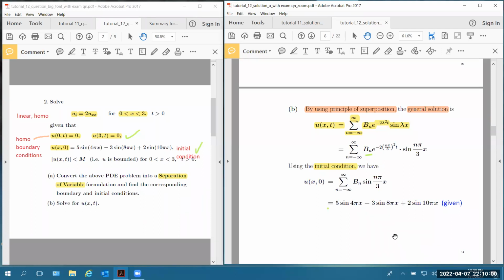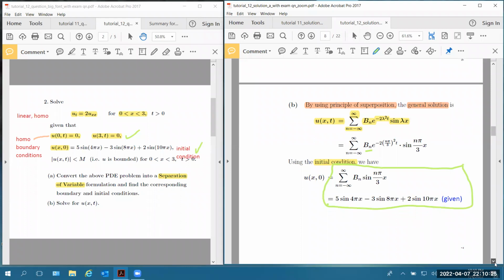All right, so this thing here actually gives us an equation. This one equal to this. That's an equation, right? So from that equation, we are going to find the constants bn.